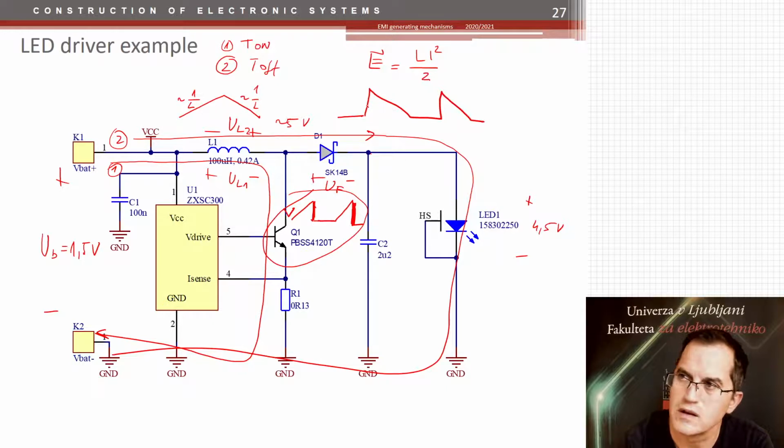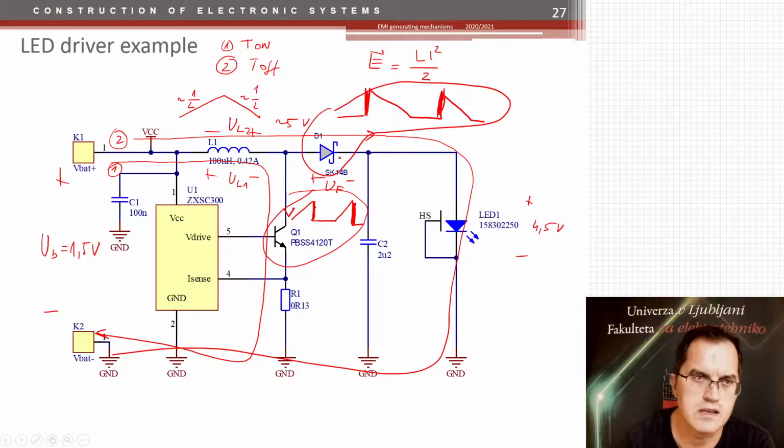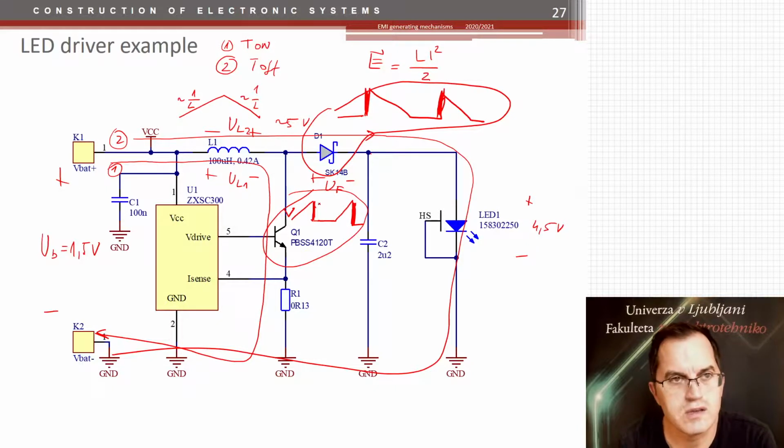So again, through the diode, we have very, very fast changes of current. So all the switching elements that are here are actually forming high frequency currents, because these parts, which I just colored, are the most important ones. Where do they actually exist?